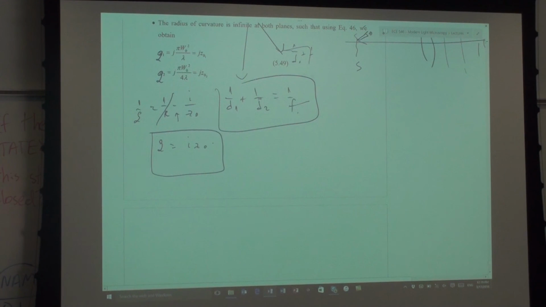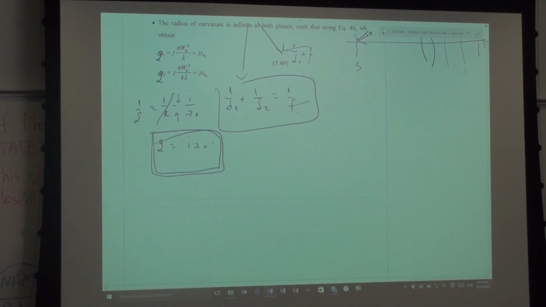So, when you say online, what do you mean? Like a blog of some undergraduate who's had an all-nighter? The complex beam parameter Wikipedia article. Okay, so this is a minus? Yeah. Okay.